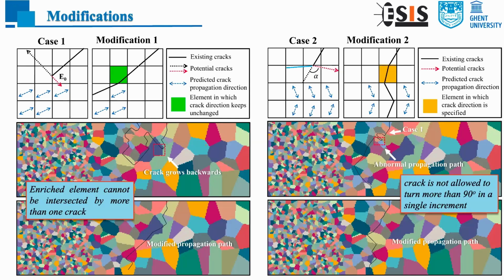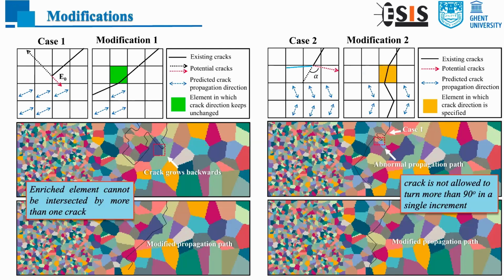You could see there are some limitations, which are recorded in the XFEM documentation, and I will show them here. One is that the enriched element cannot be intersected by more than one crack. As you can see here, this black line is the existing crack, and this arrow is the predicted crack propagation direction.